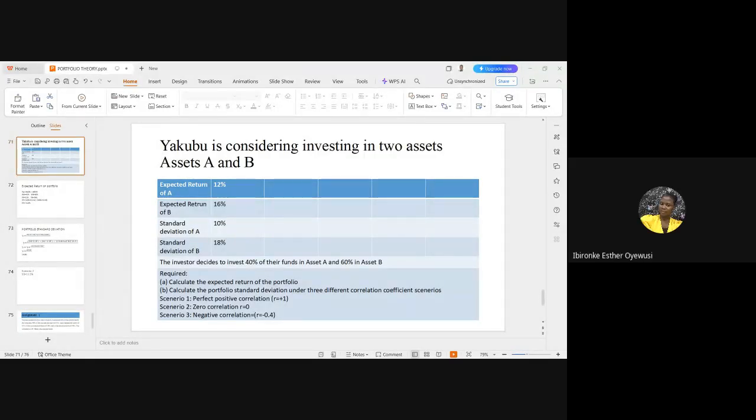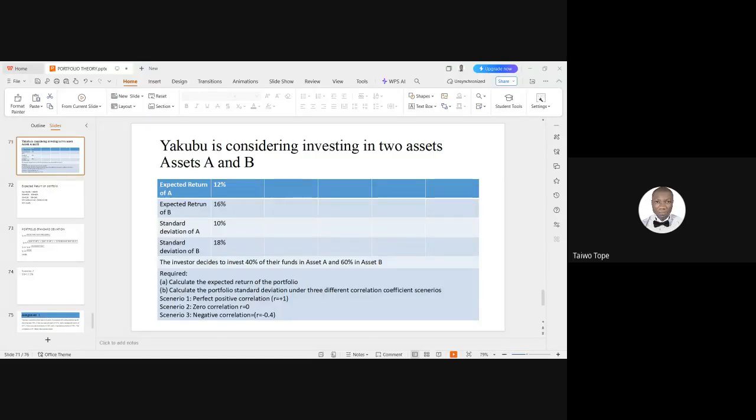The CAPM formula is risk-free rate plus beta times the bracket of market return minus RF. The formula should be in our head.